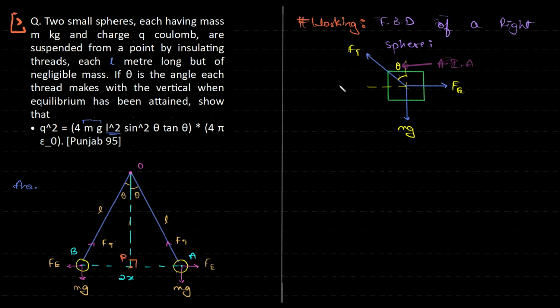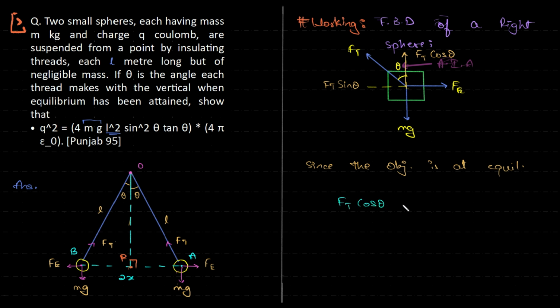Now, if I resolve Ft, what happens? This would be Ft sine theta, and this would be Ft cos theta. I didn't do a good job, I don't have enough space. So let's do the obvious. Since the object, in this case the sphere, is at equilibrium, we can equate.